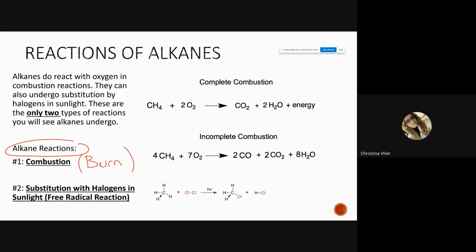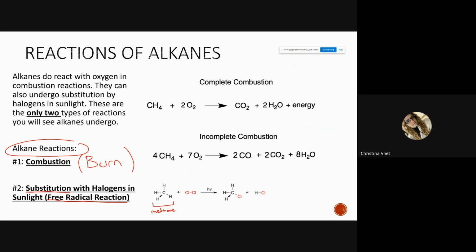The second thing you can do is something called a substitution. This is new. You can only do this with halogens in sunlight. And this is what we call a free radical reaction. I had actually taught you about the 5 major classifications of reactions when we did organic part 1. What a substitution is, and you'll see here this is methane.